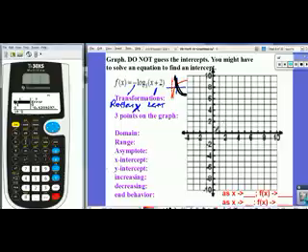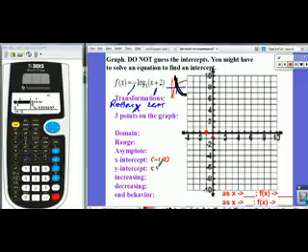So negative 1, 0 right here. Negative 1, 0 is also my x-intercept. I've got 0, negative 0.63. So 0, negative 0.63, that would be halfway between 0 and negative 1, just a little bit further down.